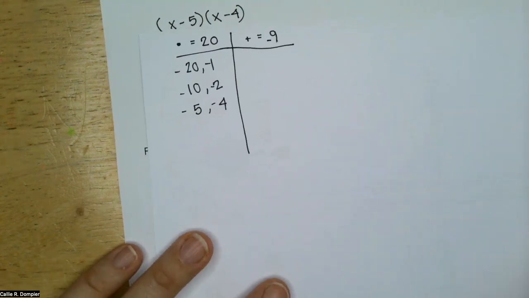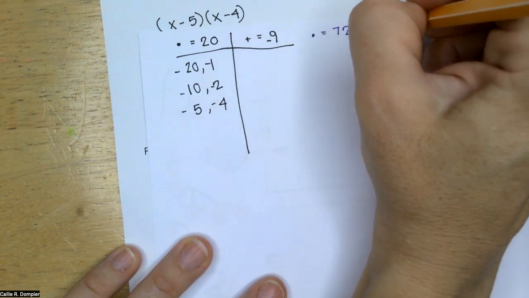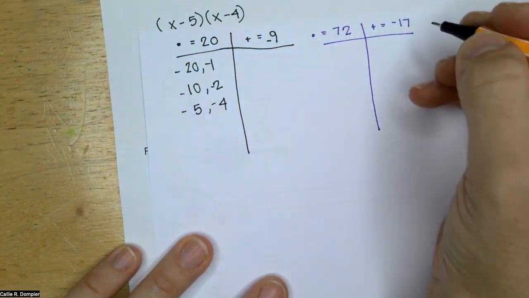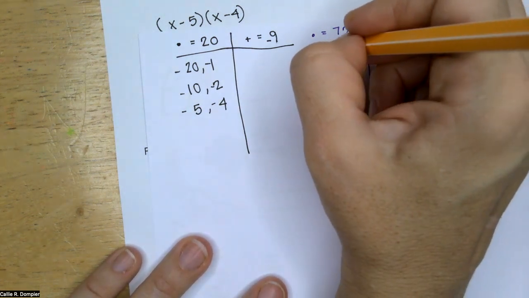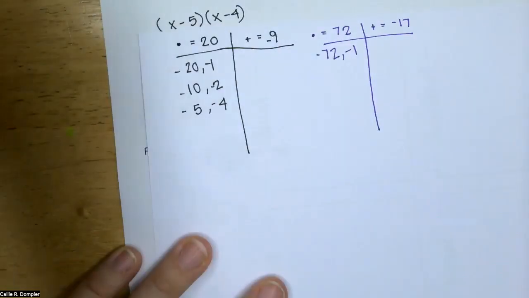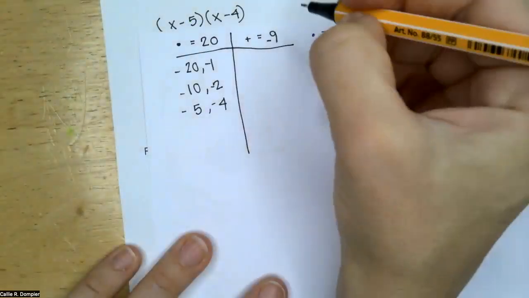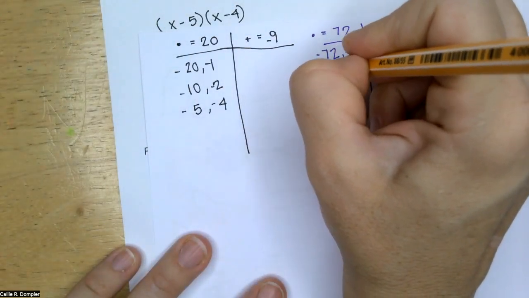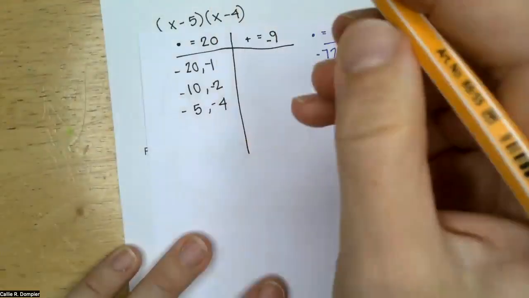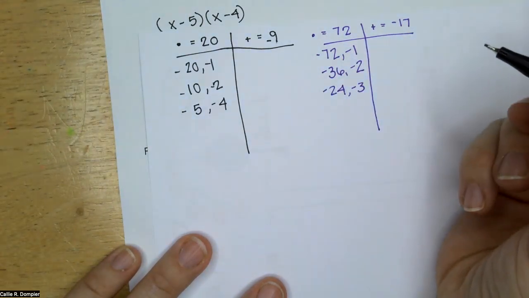It needs to multiply to equal 72, and it needs to add to equal negative 17. So again, we're looking for negative factors of 72. 72 is negative 72 and negative 1. Negative 36 and negative 2. Negative 24 and negative 3.